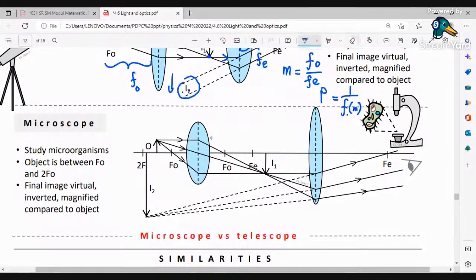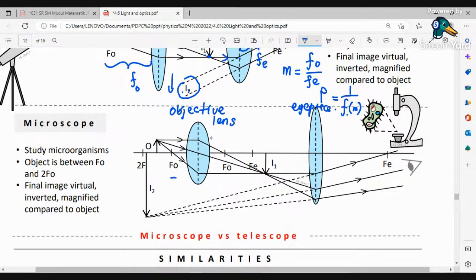The one which is closer to the object, we call it the objective lens. The one close to the eye is the eyepiece. Okay, now you look at here. So it's opposite to the telescope. For the microscope, the thicker one is the objective lens. The thinner one is the eyepiece.